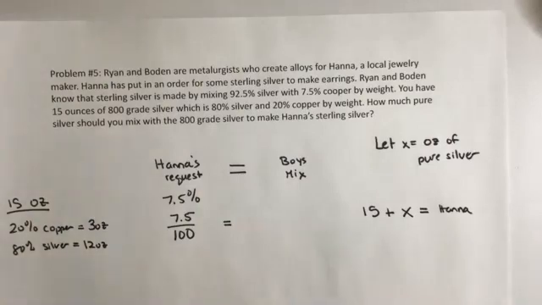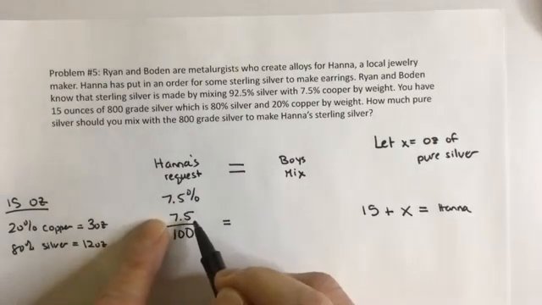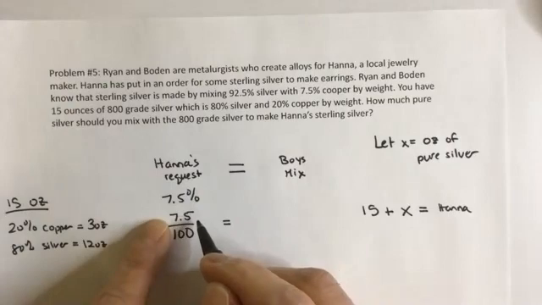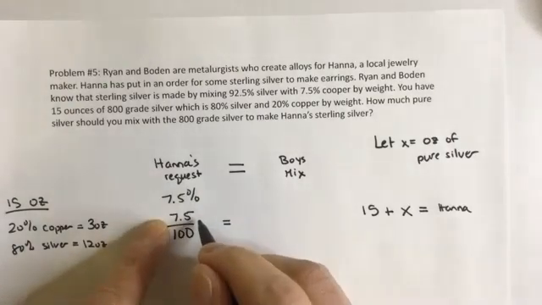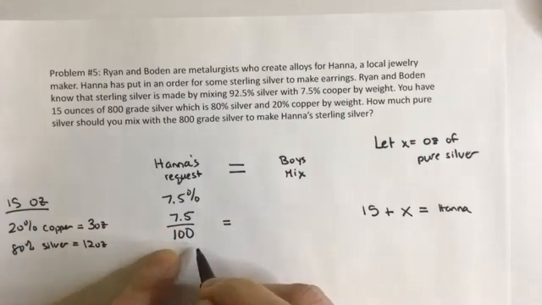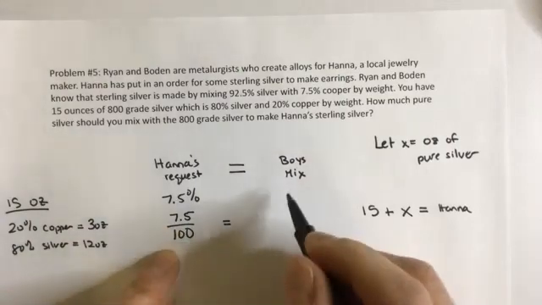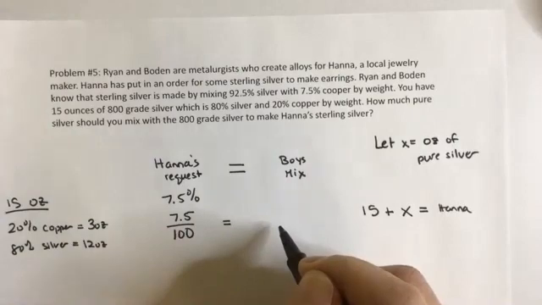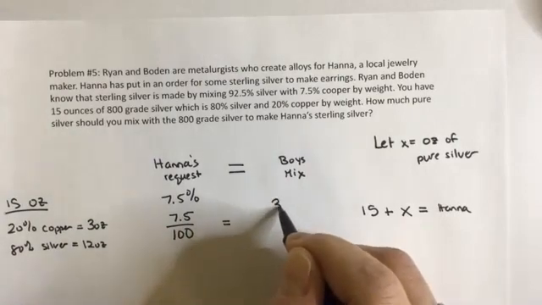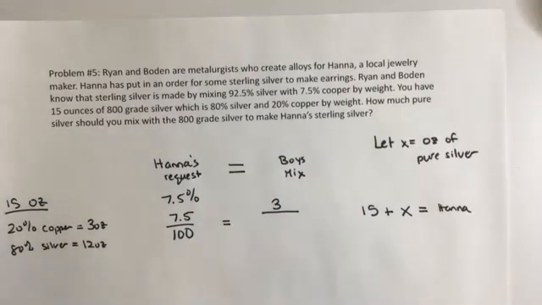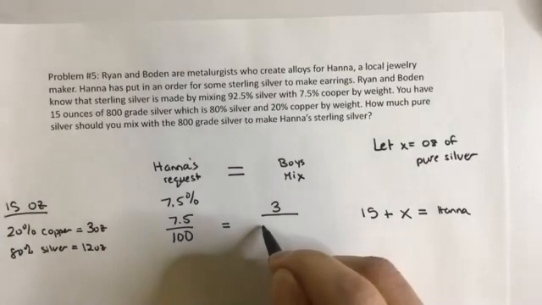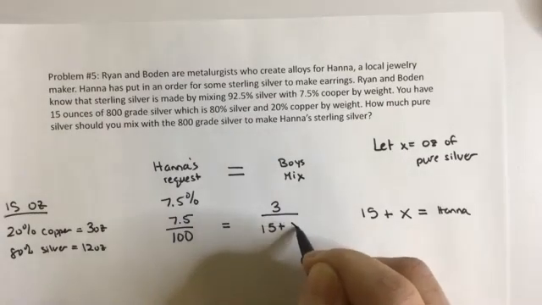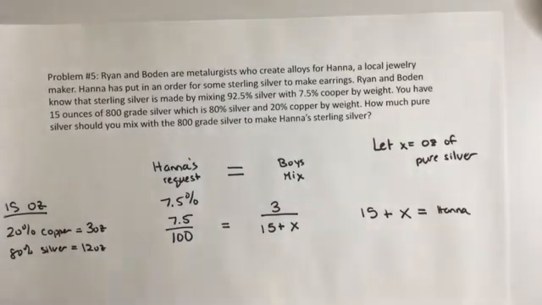So when I look at this, 7.5 is ounces of copper. This is going to be a proportion. 7.5 ounces of copper out of 100 ounces of mix has to come out to be the 3 ounces of copper that's in the mix the boys have and can't change, out of a larger amount of material.